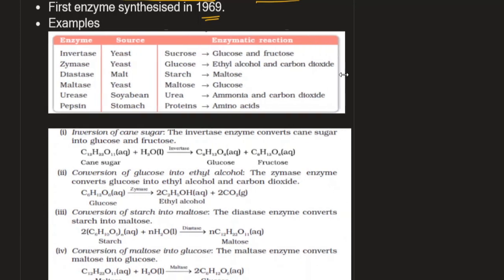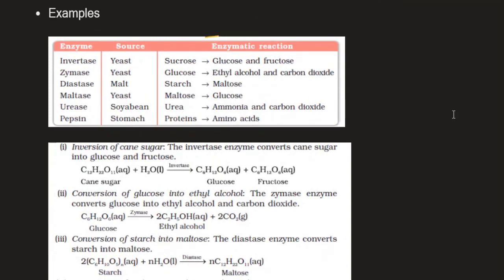Let us discuss some of the examples of enzymes. We have invertase. That name is given because that enzyme is responsible for inversion of cane sugar, that is sucrose.